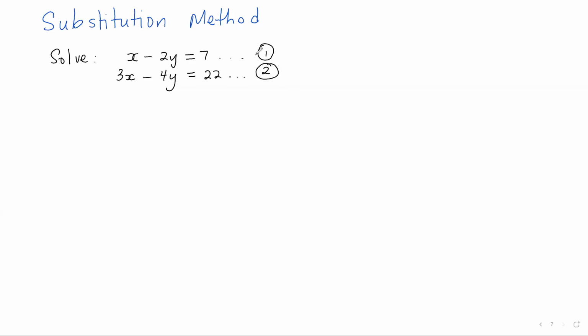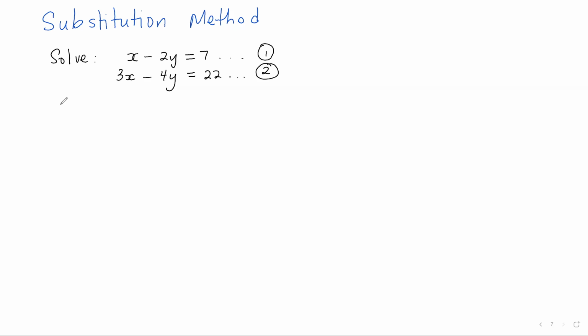So the objective is to get either 1x is equal to something or 1y is equal to something. I'll always choose the variable that has 1 as its coefficient, because I don't want to end up with fractions. We are going to do ones that have fractions, but for this example, we're using x.